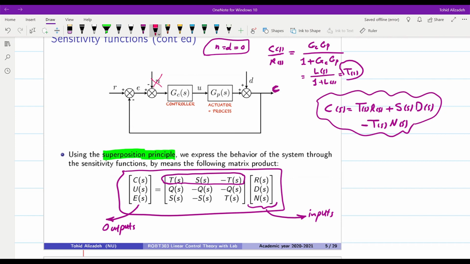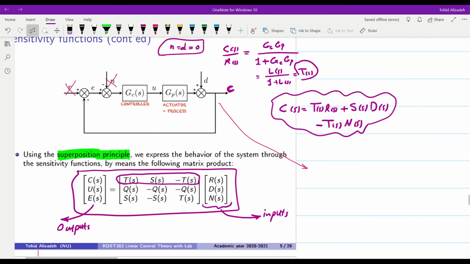And then if I want to find the relation between C and D, I set N to 0, R to 0. Let me just redraw the block diagram system in order to make it easier for you to get. So here we have D with a plus sign here. And then after the summing point, we have C as the output.